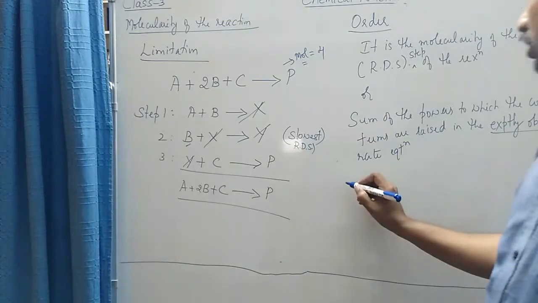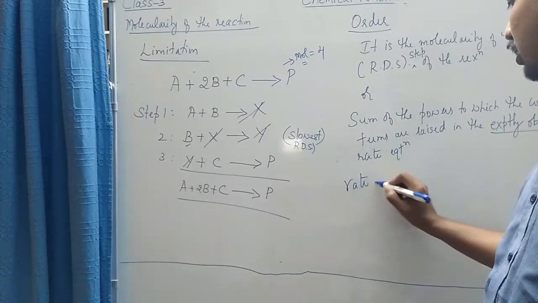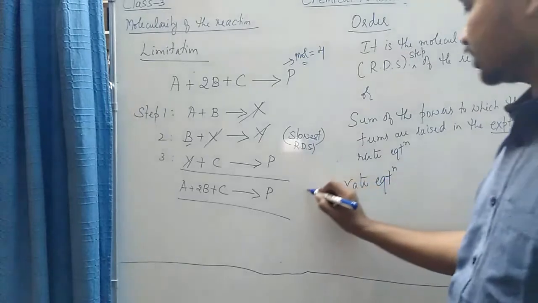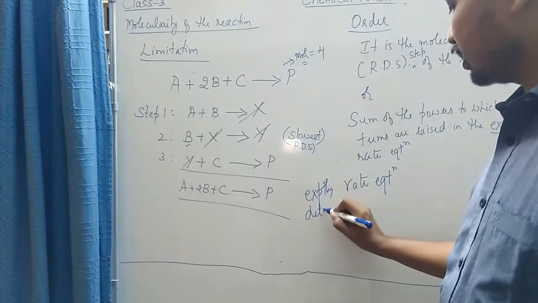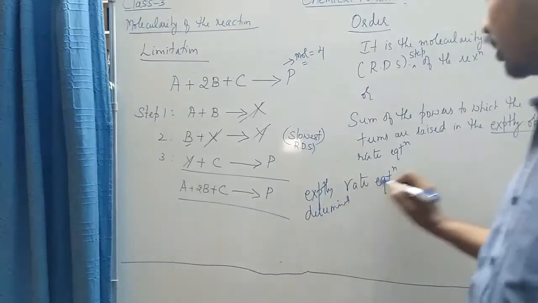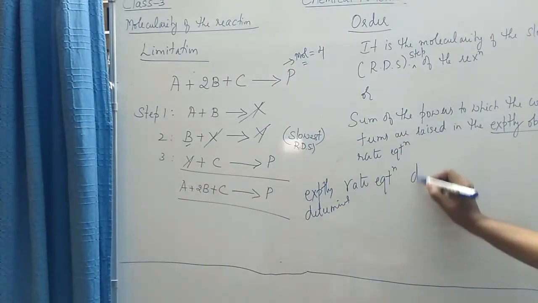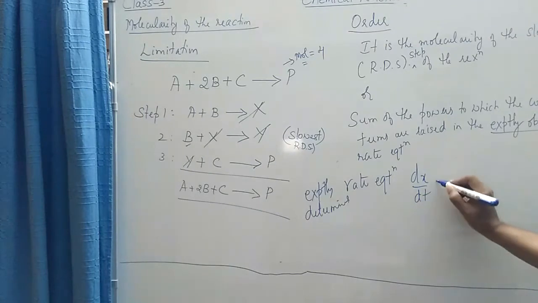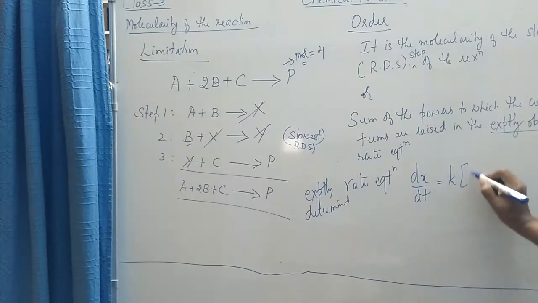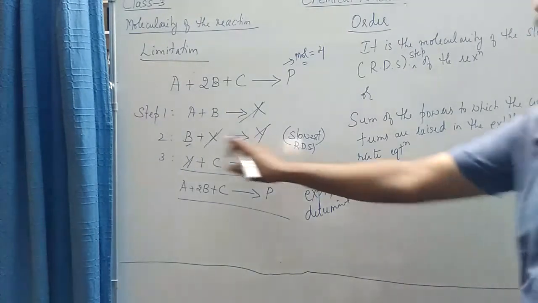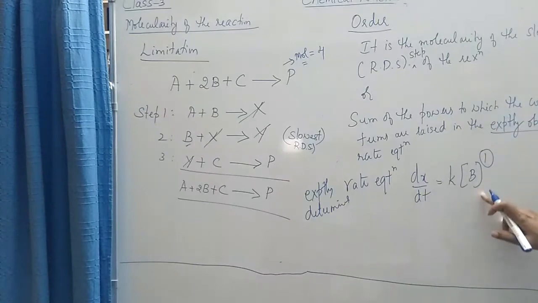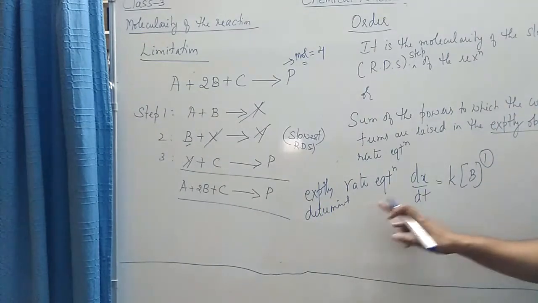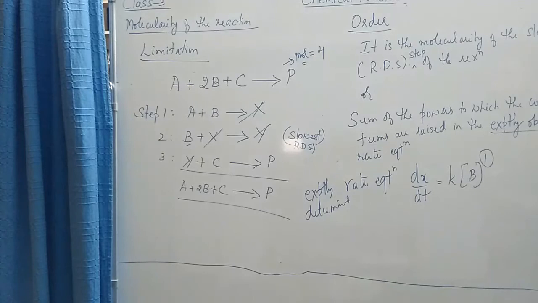So the experimentally determined rate equation is now dx by dt is equal to k into concentration of B to the power 1. Okay, since you have this power 1 here, it is the power to which the concentration term is raised in the experimentally determined rate equation. The order of the reaction is 1.